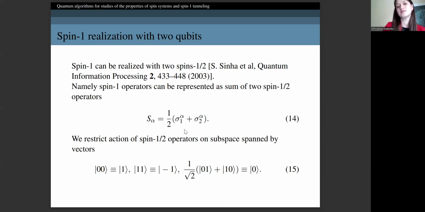We can represent the spin-1 operators with operators of spin-1/2 in the following way. This is well known. This is a result from this paper, for instance. And with the help of this representation, we can study spin-1 systems.